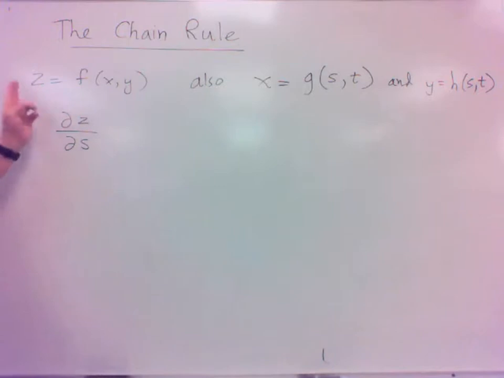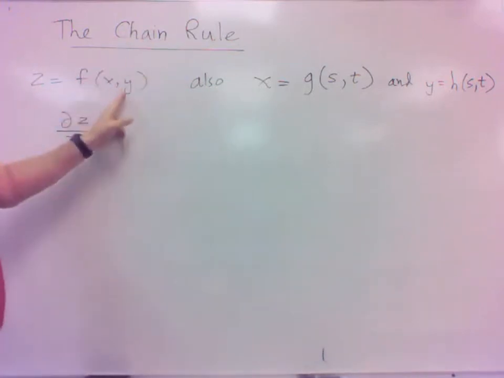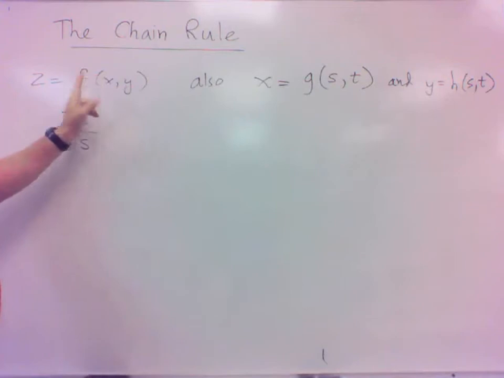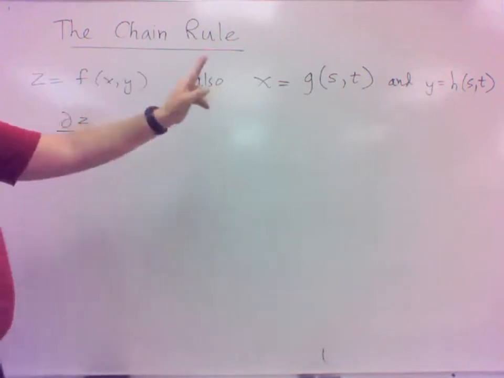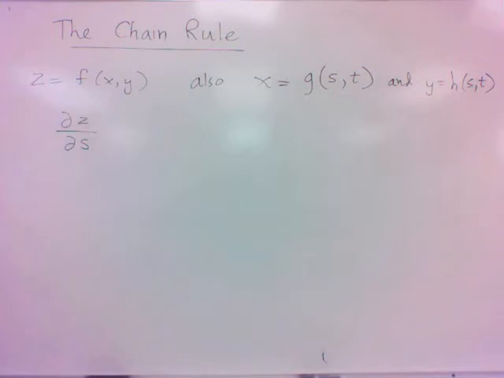Because z is a function of x and y, but x is a function of s and t, and y is a function of s and t. And so essentially, z is a function of s and t as well. Now it's going to make sense to talk about the partial of z with respect to s, and also the partial of z with respect to t.